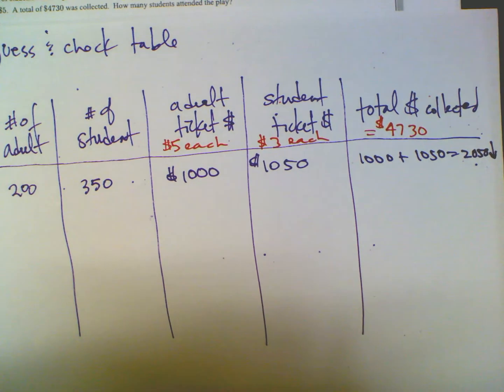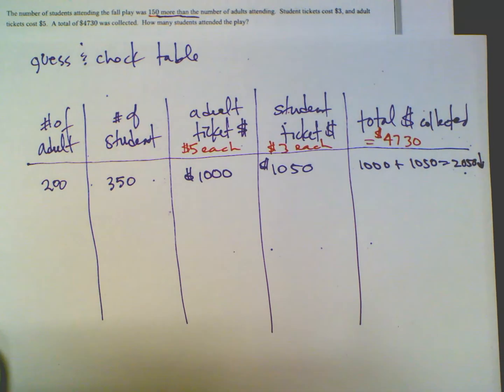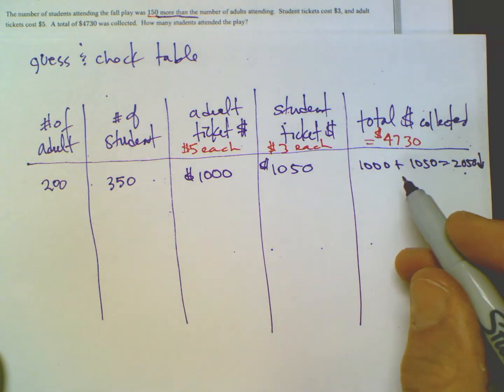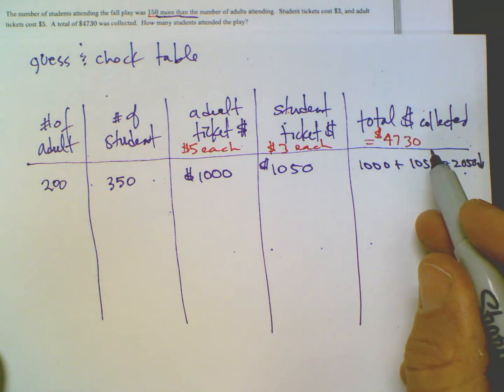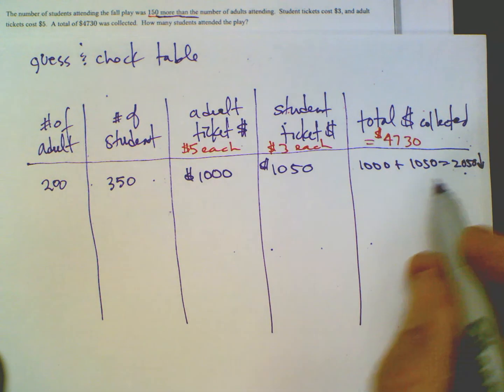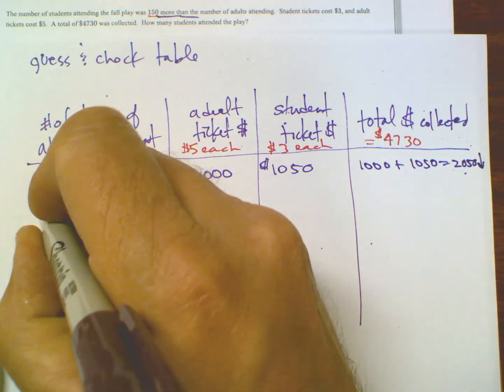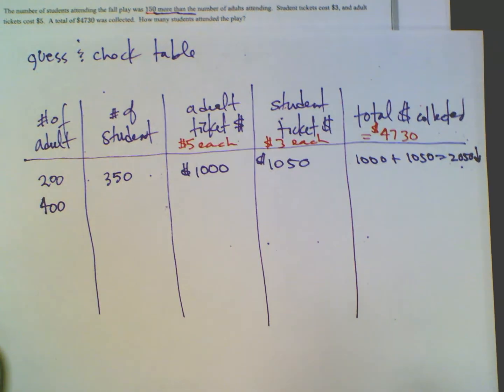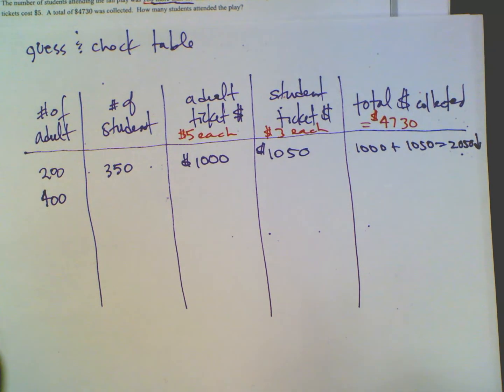So I'm going to have to keep guessing. That's less than half, so I'm going to bump this up to 400 and double my guess so I can get closer quicker.